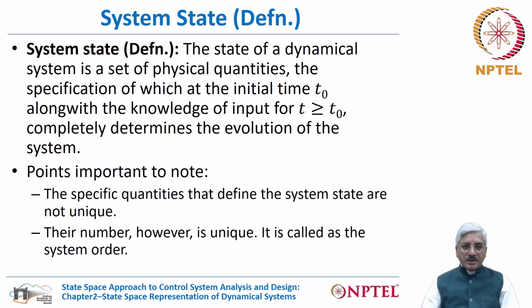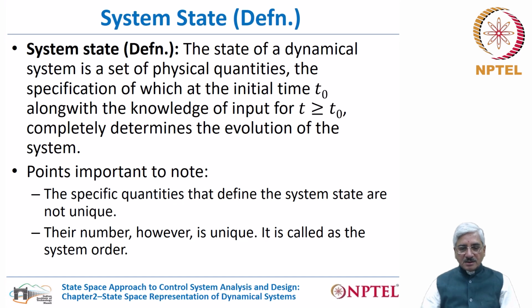Obviously, t0 is generally a time when the system is at a steady state, in most situations, but that is not necessary. t0 can be any arbitrary time. It can be the present time, or it can be a time in the recent past, or it can be a time in the long past. It is purely an arbitrary time.